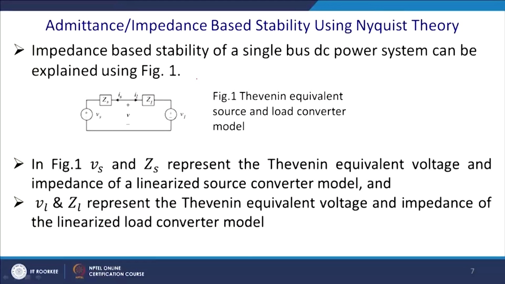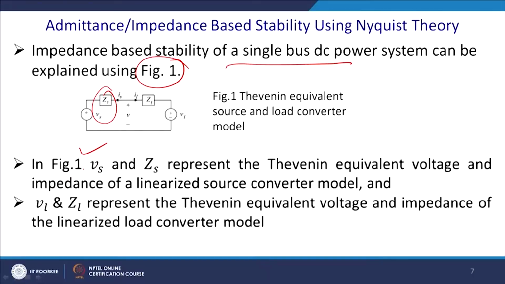The impedance based stability of a single bus DC power system can be explained using this figure 1. This is the Thevenin equivalent circuit, and this is the source impedance, this is the load impedance, and this is the load voltage.